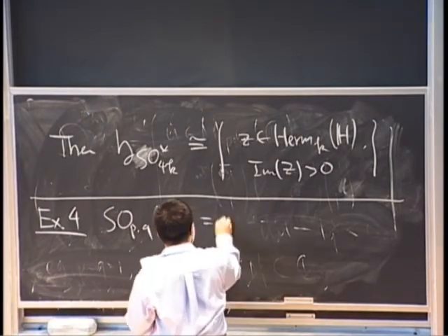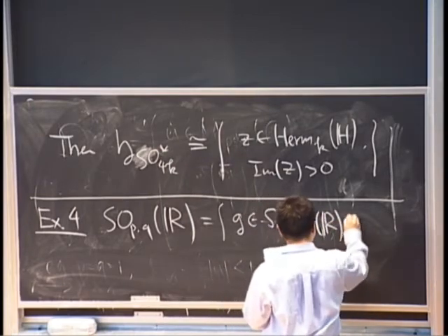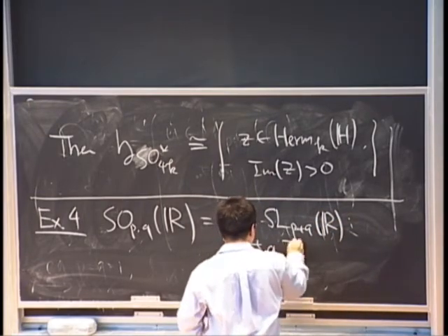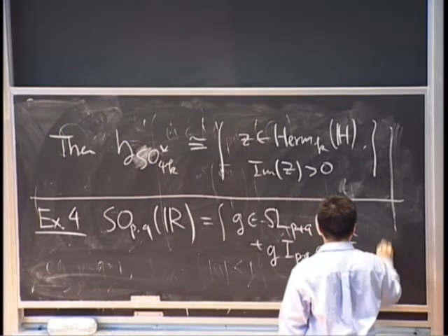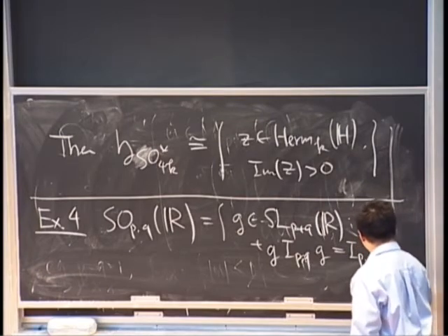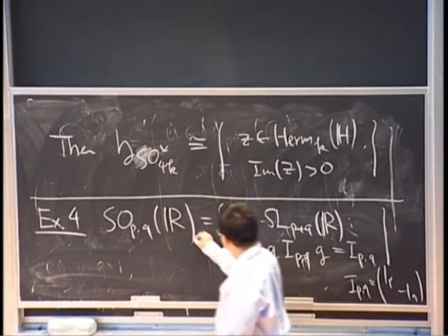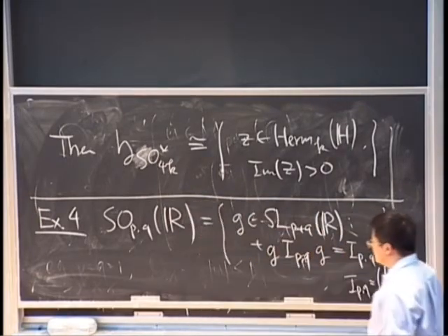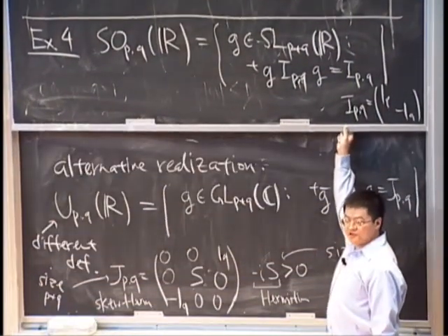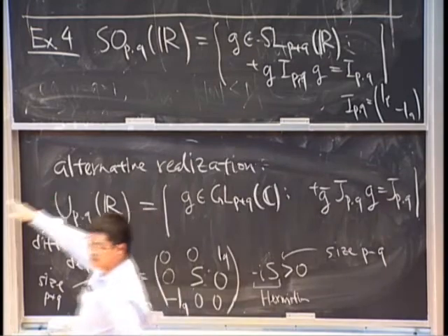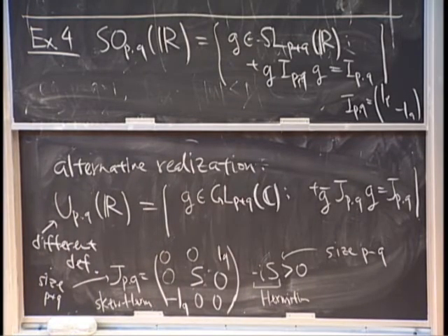So let me just remind you that these are all the elements preserving this bilinear pairing defined by this matrix 1_p minus 1_q. And this is not going to be a simple-minded example in the sense that when you try to think about its modular interpretation, this one is going to be much more complicated than the previous ones, although the expression here might actually be simpler in the beginning.